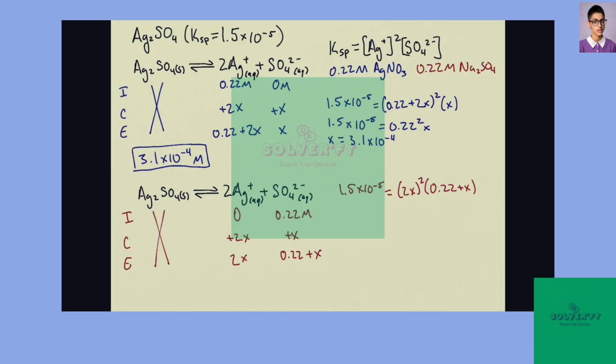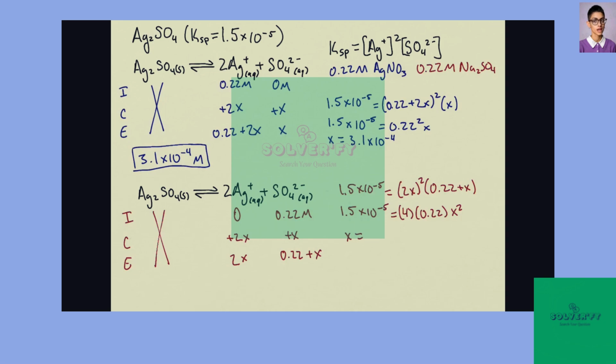So we can again try making our small x assumption here. And if we do, then we get the expression 1.5 times 10 to the negative fifth is equal to 4 times 0.22 times x squared.